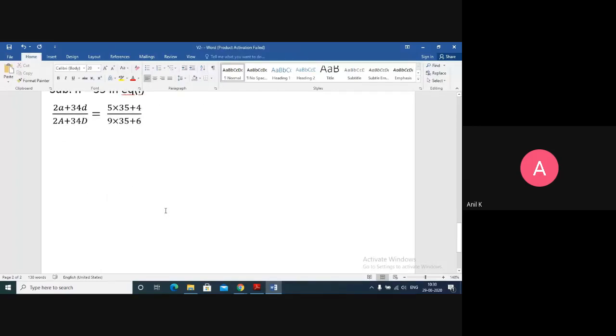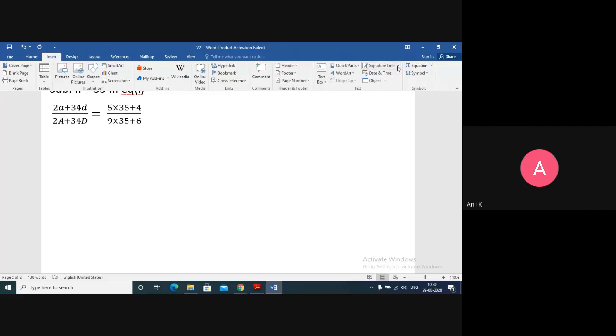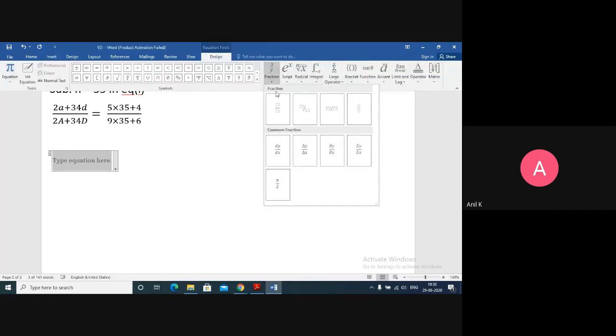Now in the LHS, I take 2 common in the numerator and 2 common in the denominator. After taking 2 common, both the 2's will get cancelled.